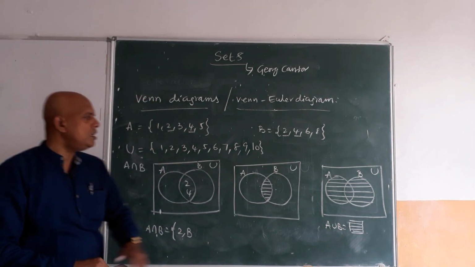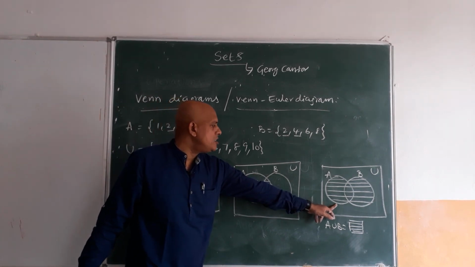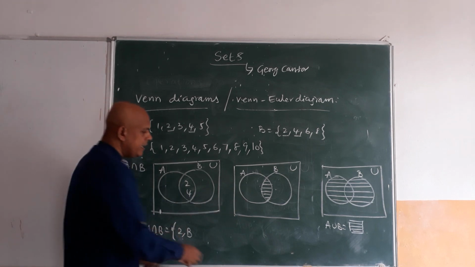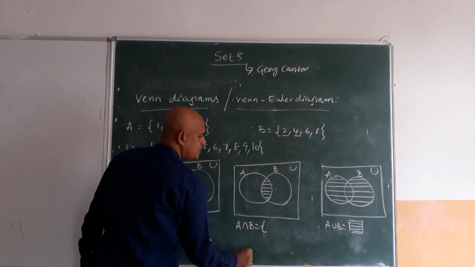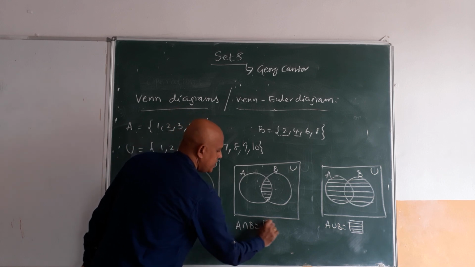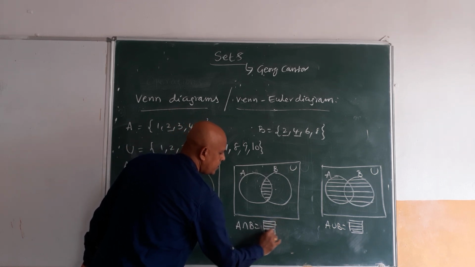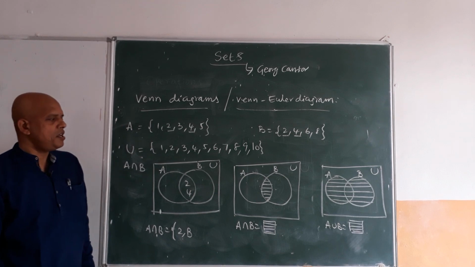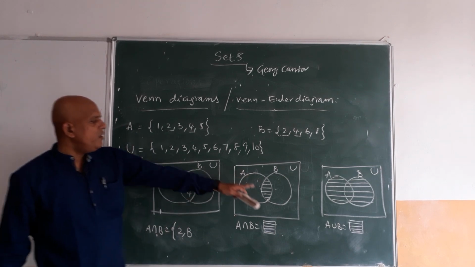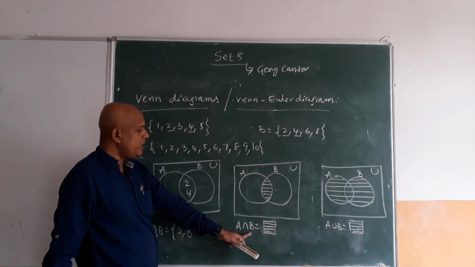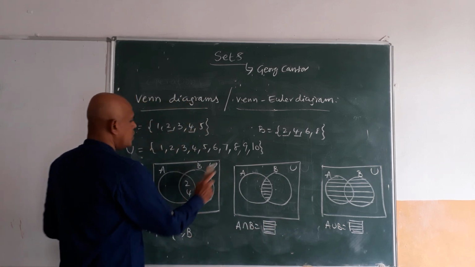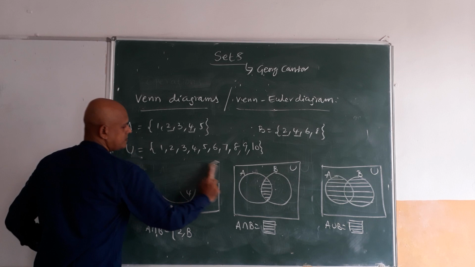This is A union B when elements are not given, and this is A intersection B. For A intersection B, by using the shading part, this is A intersection B. Now we already learned about A union B when elements are not given, and A intersection B. Then what about A minus B?